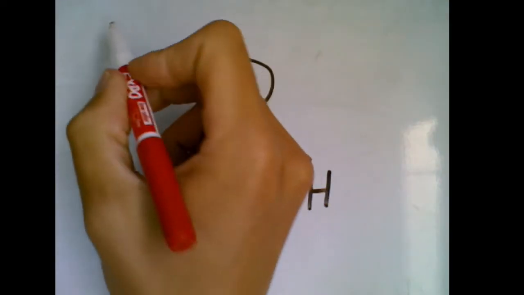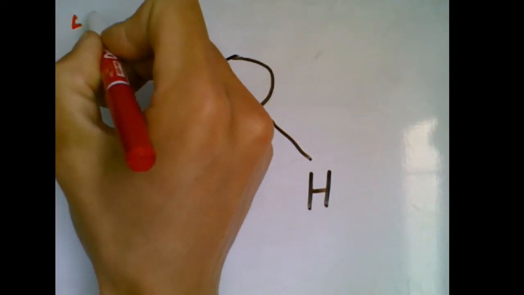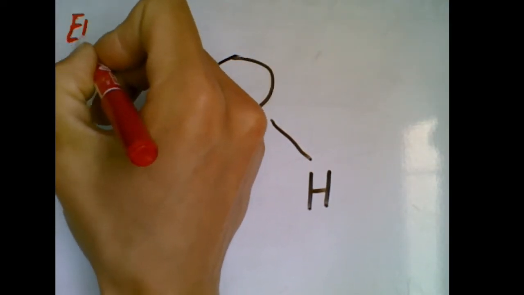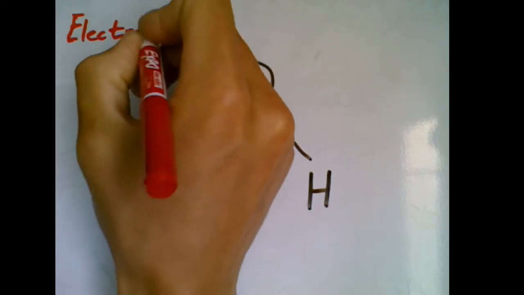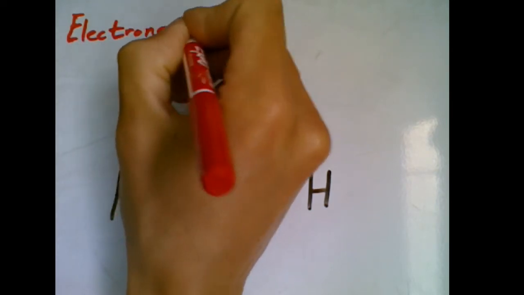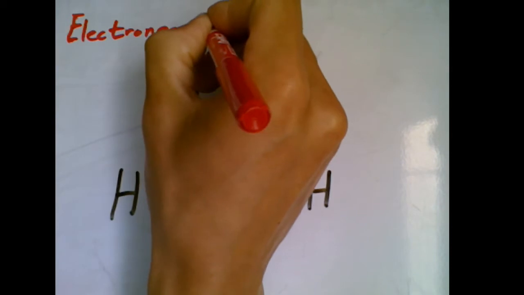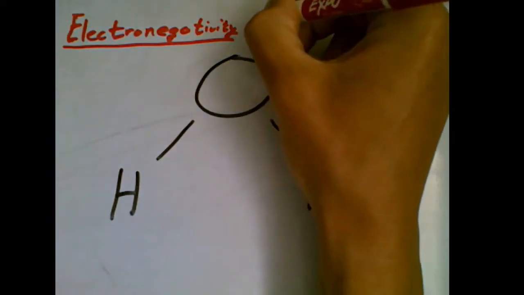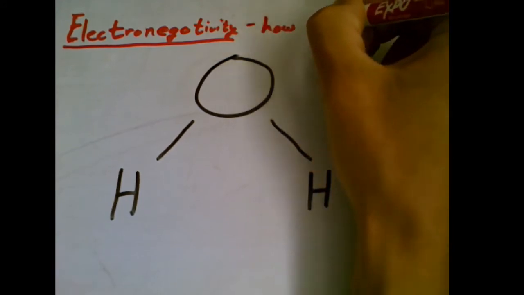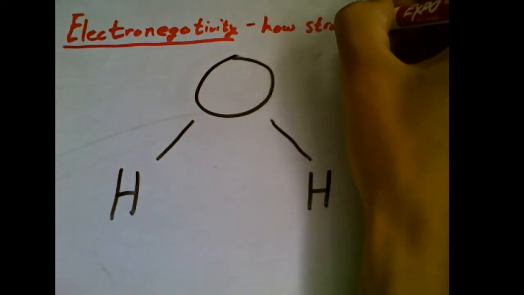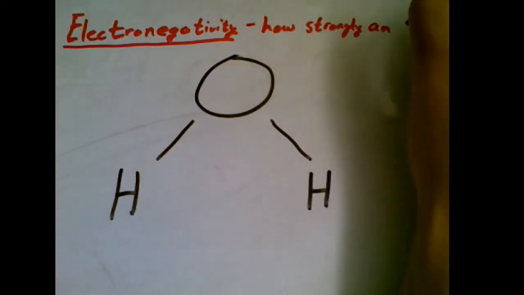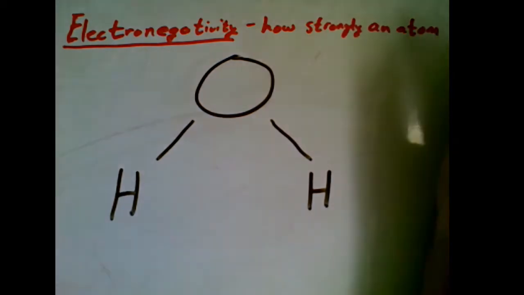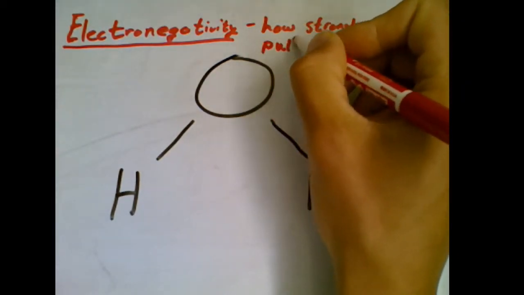Now, in case you don't remember what electronegativity is, it is the idea that some substances or some atoms pull on electrons more than others. So it is essentially how strongly an atom pulls electrons towards itself.